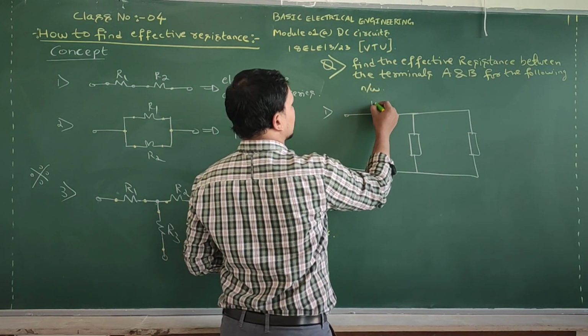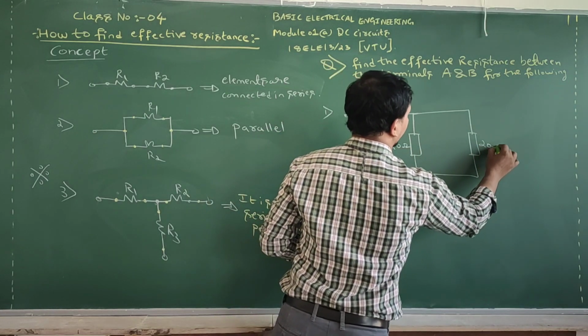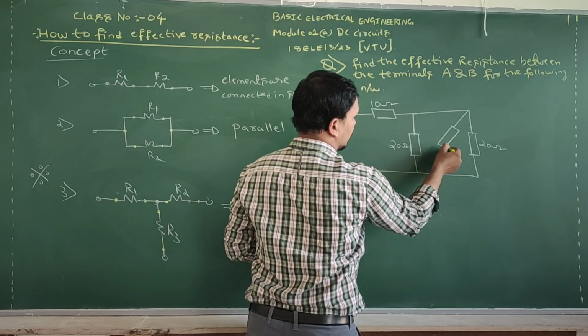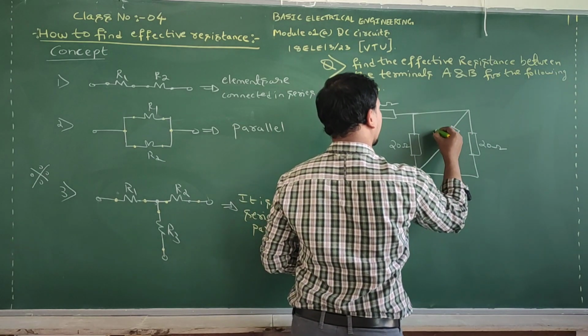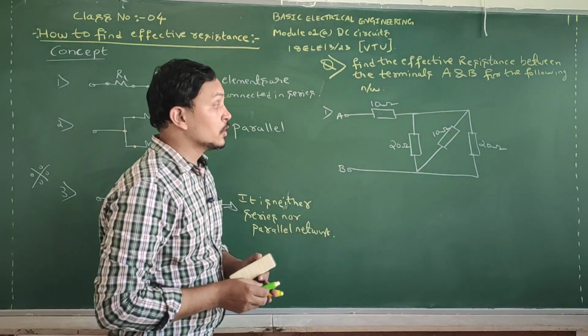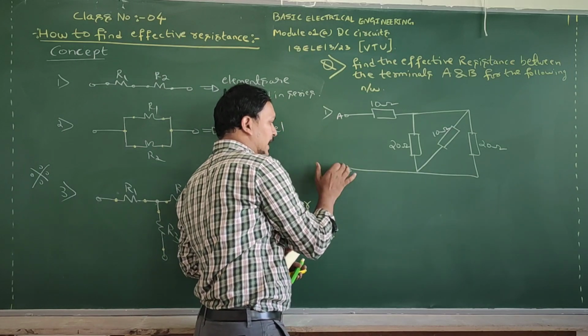I will take 10 ohms, 20 ohms and 20 ohms. In between I am connecting another 10 ohm resistance. These are the terminals A and B. You have to find the effective resistance between the terminals A and B.